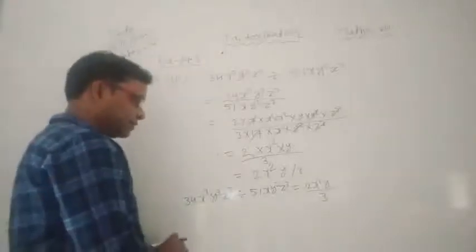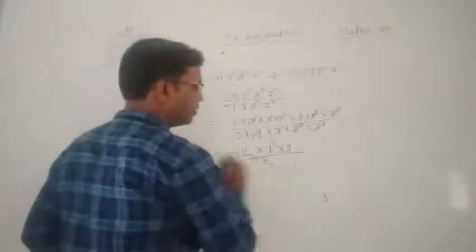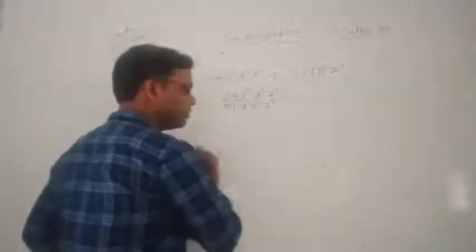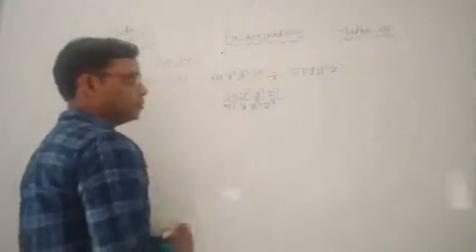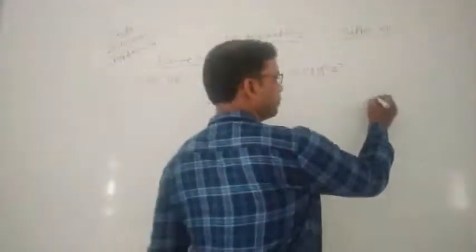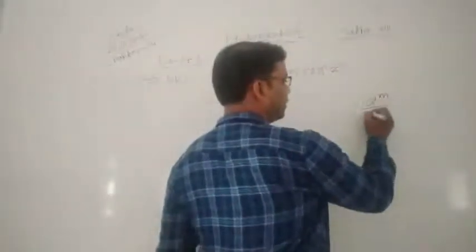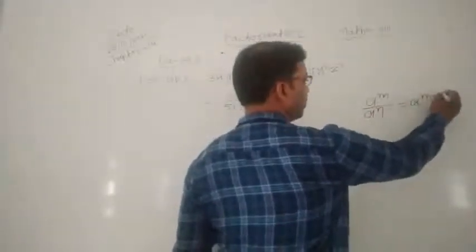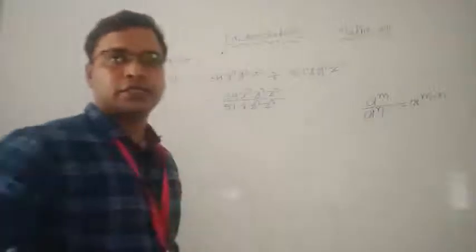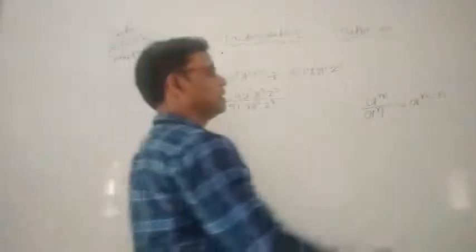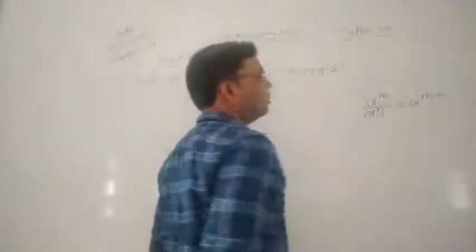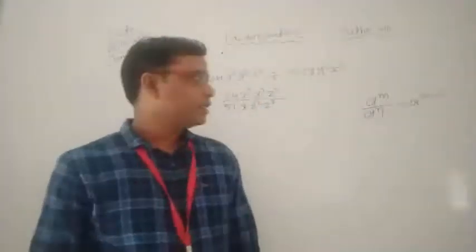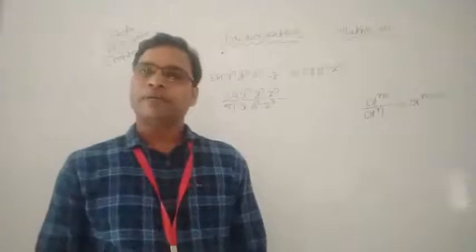So for this, we know very well this law of exponents: a to the power n divided by a to the power m is equal to a to the power n minus m. Okay, this law of exponents you know very well. When bases are the same and in the case of division, then their powers will be subtracted.